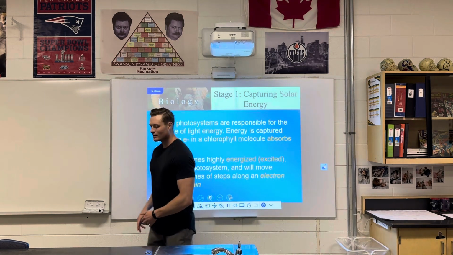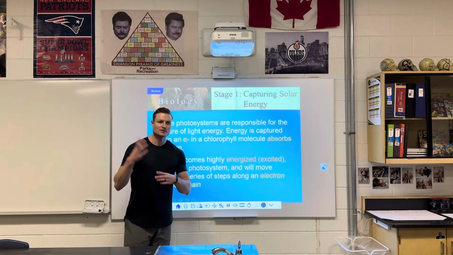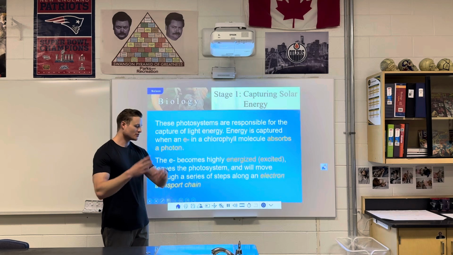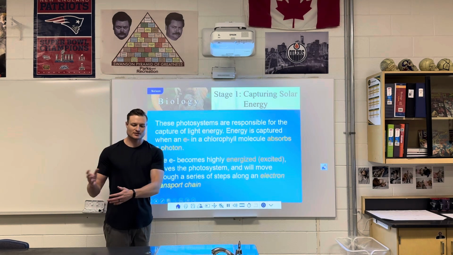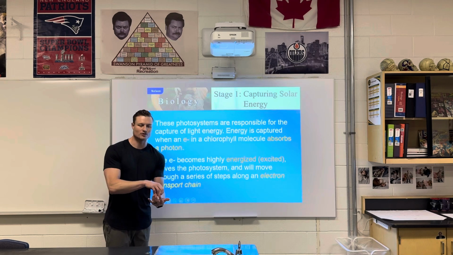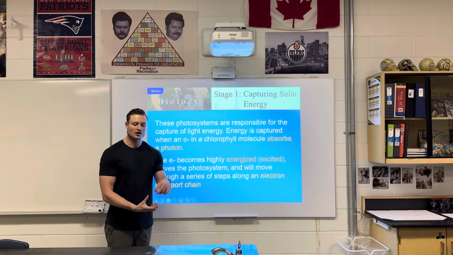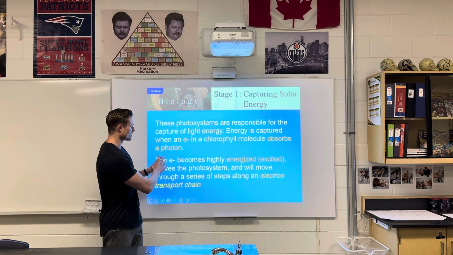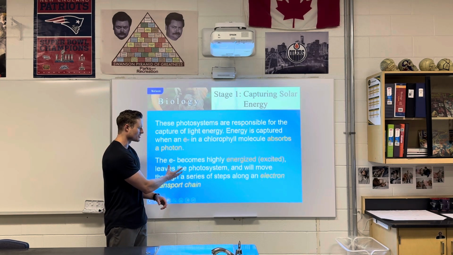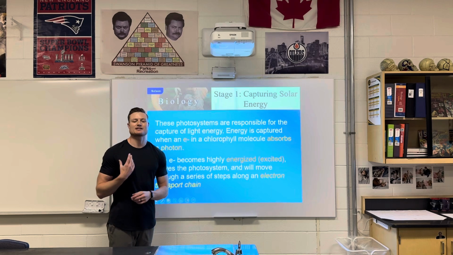So when the sun hits a plant, the photons in that energy will hit the photosystem inside of the chloroplast, specifically inside of the thylakoid. Remember, the photosystems are literally embedded in the thylakoid membrane. Then these photons are going to hit an electron and energize or excite it.